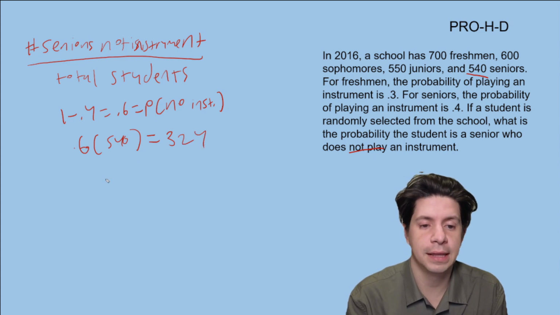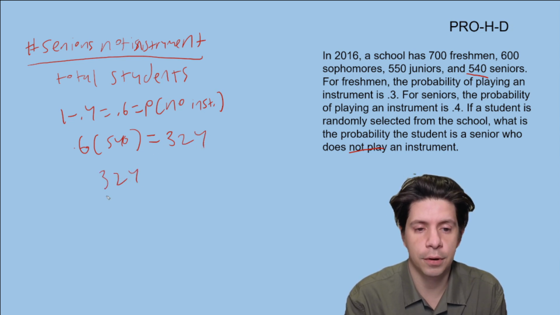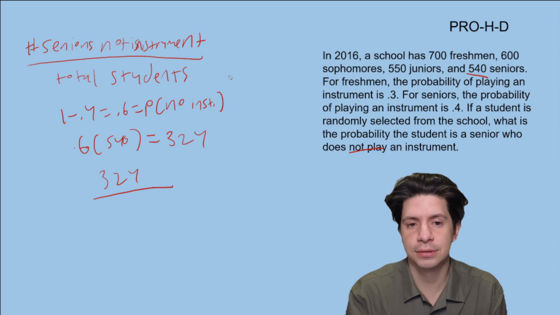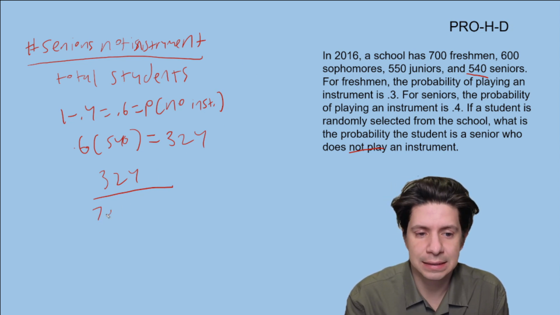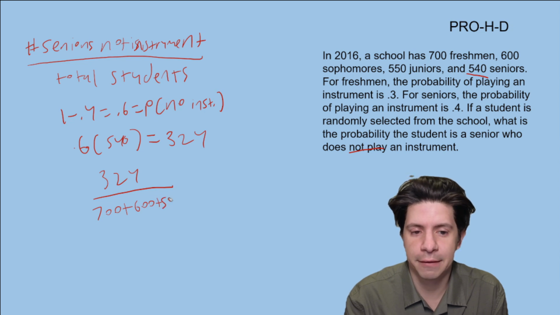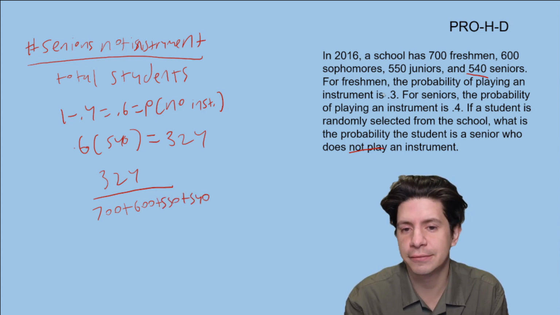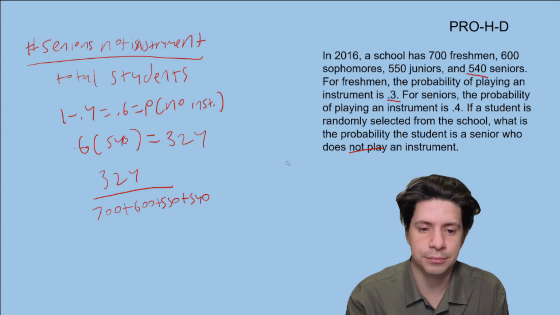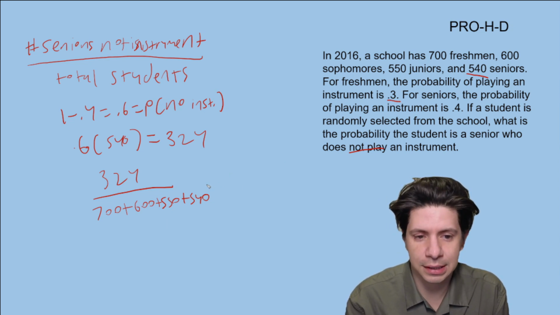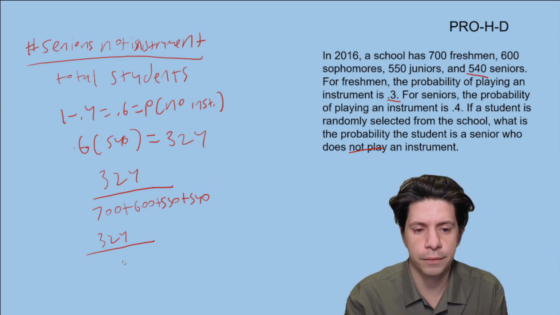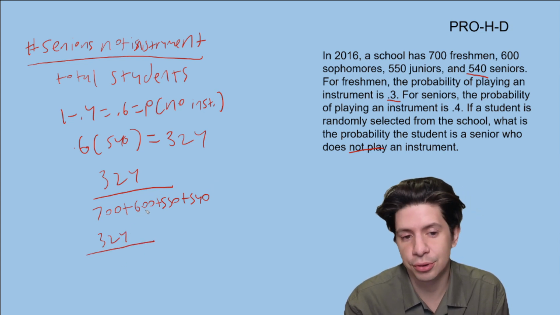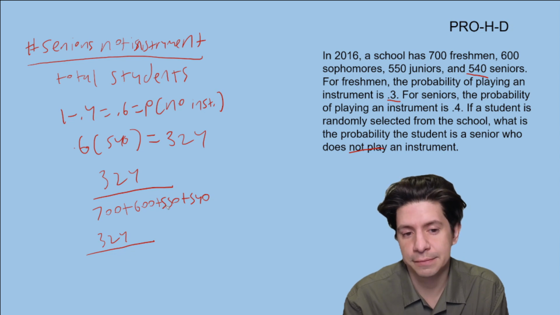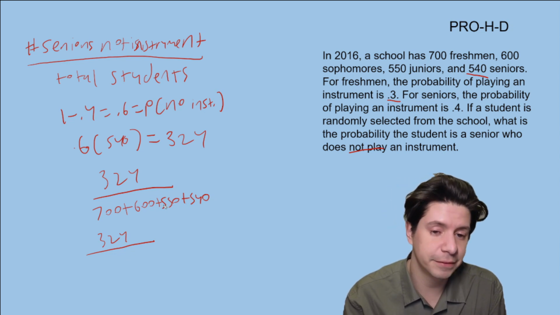And then we're going to divide that 324 by the total number of students, which would be 700 plus 600 plus 550 plus 540. So again here, they gave us extraneous information with the 0.3, which we didn't have to use. So this is going to get us 324 over 700 plus 600 is 1300 plus 540 plus 550 is going to be 1090.